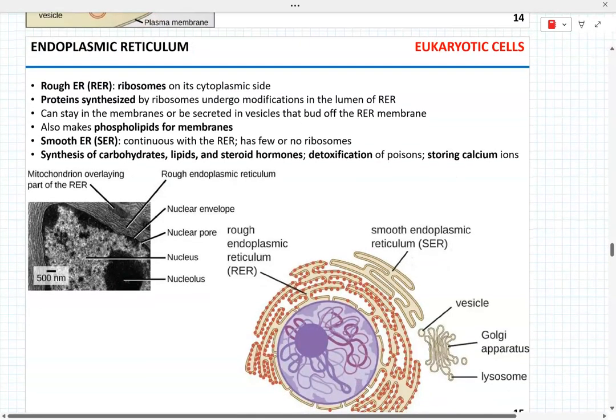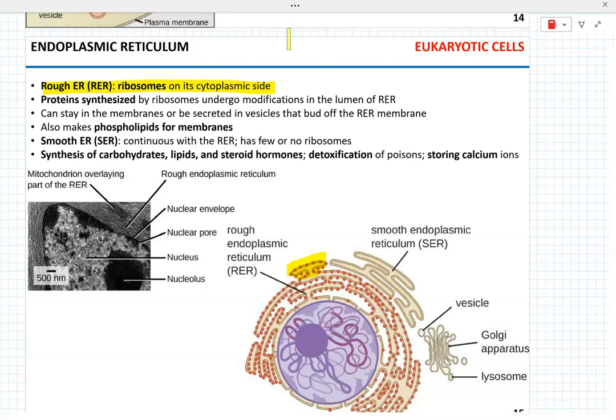Endoplasmic reticulum can come in two shapes, rough and smooth. Rough endoplasmic reticulum is called this way because of the ribosomes on the surface that faces cytoplasm. When ribosomes synthesize the proteins, these proteins end up in the lumen of the rough endoplasmic reticulum, where they undergo various modifications.